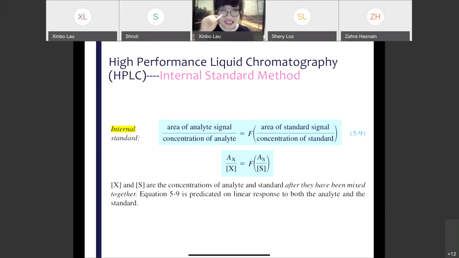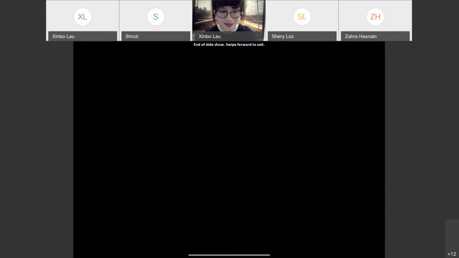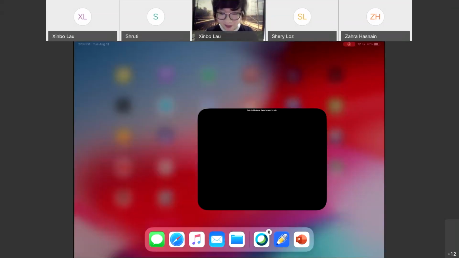This is the equation you use for internal standard to do the calculations. Like I said, the whole experiment applies all these things we talk about in the lecture, and we use these principles in the lab setting. Okay, so that's it for the lecture part.